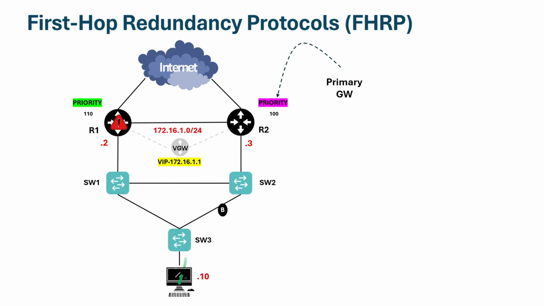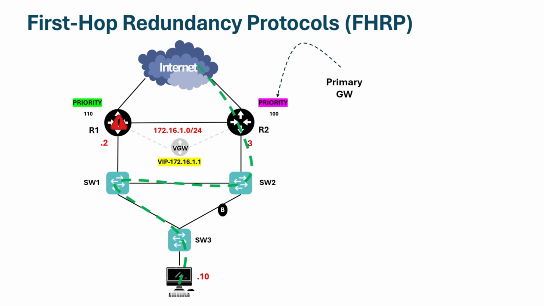As I said, R2 will take over the virtual IP address automatically, and the PC remains unaware of the transition, ensuring uninterrupted connectivity. So the connectivity will not be disabled due to this.